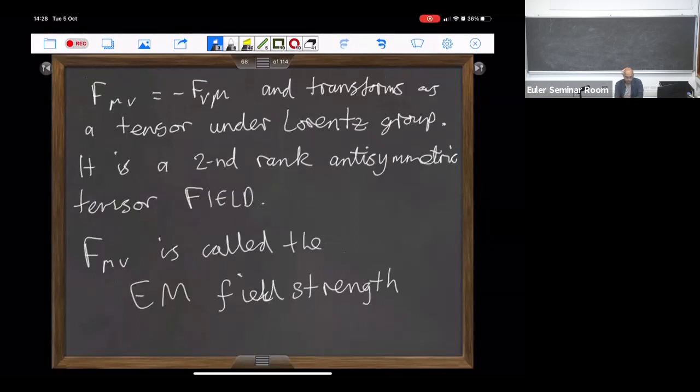And this F mu nu transforms as a tensor under the Lorentz group because it has these two Lorentz labels. We say that it's a second rank anti-symmetric tensor field. The usual name given to F mu nu is the electromagnetic field strength, or electromagnetic field strength tensor.